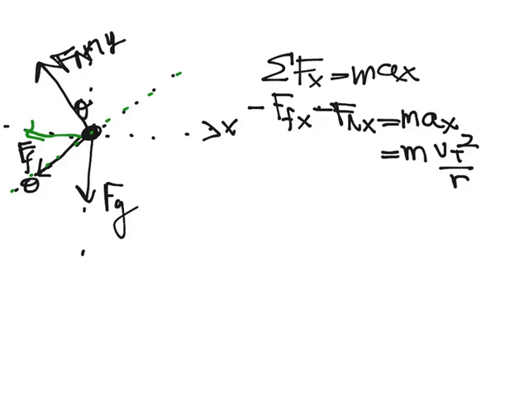Now, we know that Ff is equal to Fn times mu, and that the x component, if you look at it right here, I'm going to draw it in red, is next to the angle, so that will be times cosine theta.